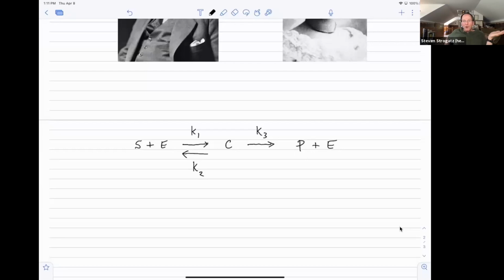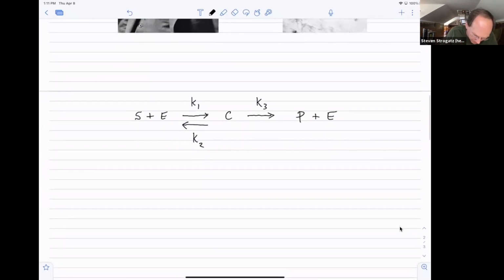I don't know, it's been a while since I took chemistry. I don't know if you remember your chemical kinetics. It may be a while for you too. But anyway, this is the standard way of writing such a thing. I really should write something like S with brackets around it to mean the concentration of the substrate, and we're interested in tracking this as a function of time.